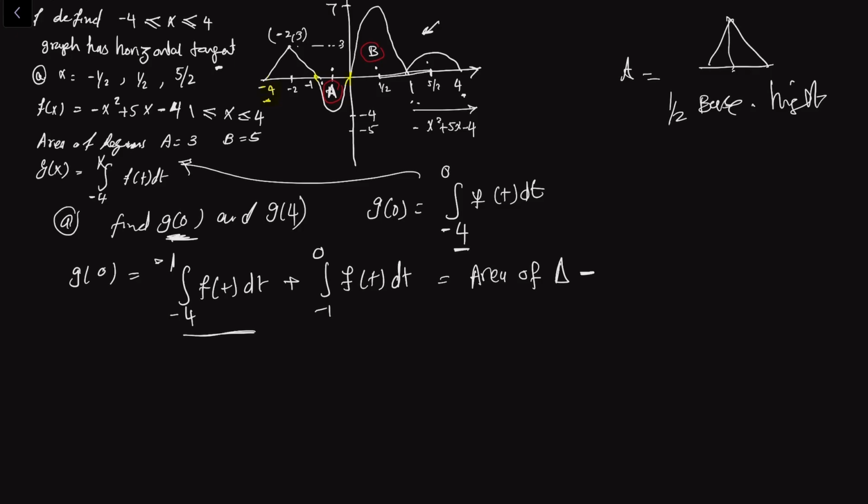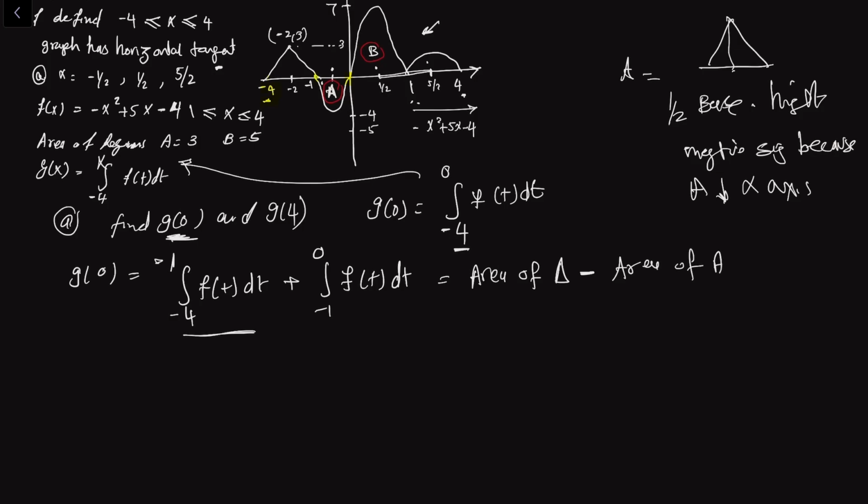So it will be a negative sign because A lies below the x-axis. So here it will be negative the area of A.